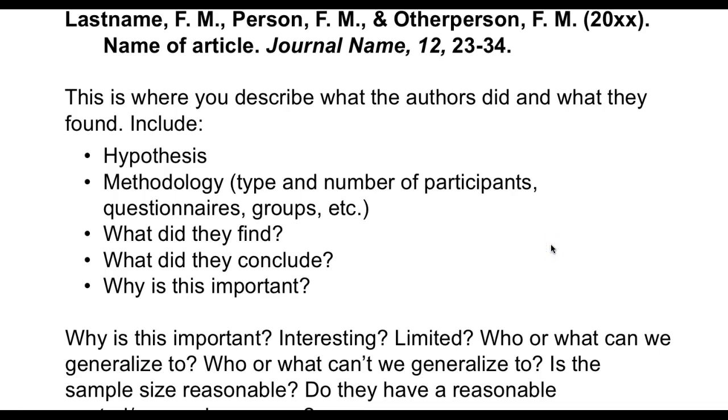So here's how we might look at formulating our annotated bibliography. Up at the top, and you're going to find this on D2L, is our citation in APA format, so our last name, first initial, middle initial for everyone in the study, our date, the name of the article, the journal name, the volume, and the page numbers.